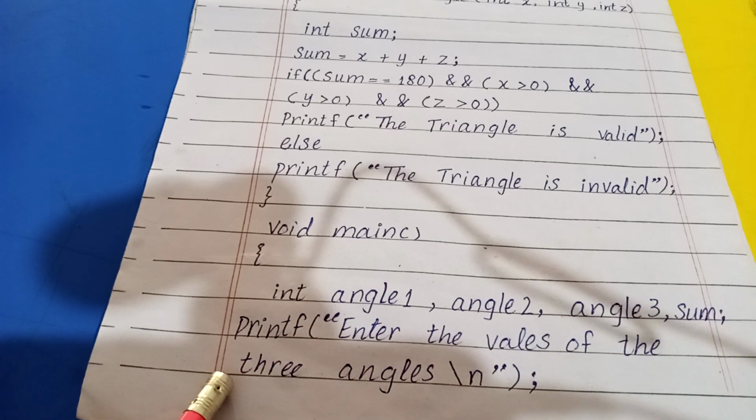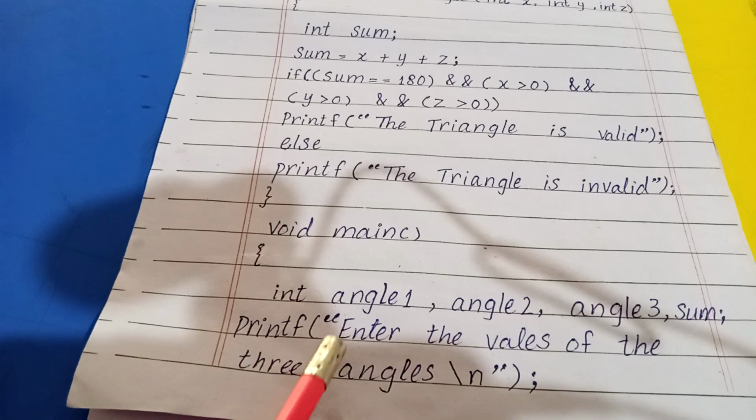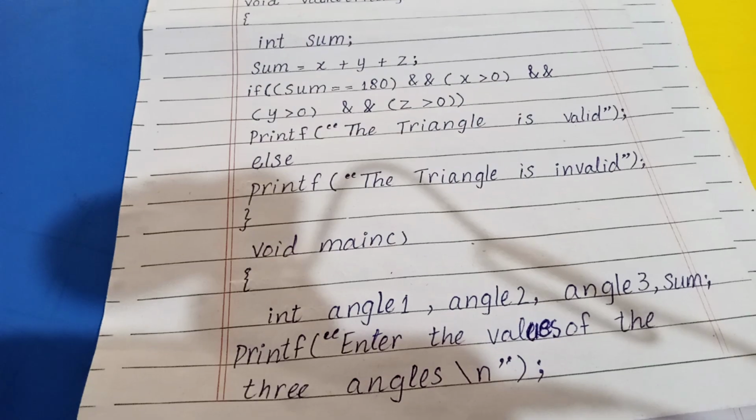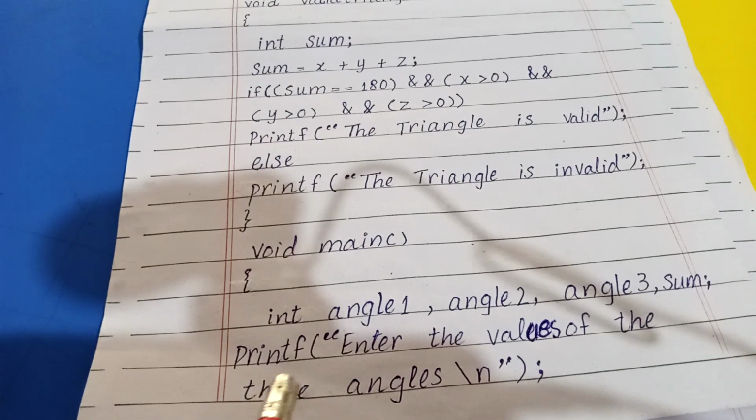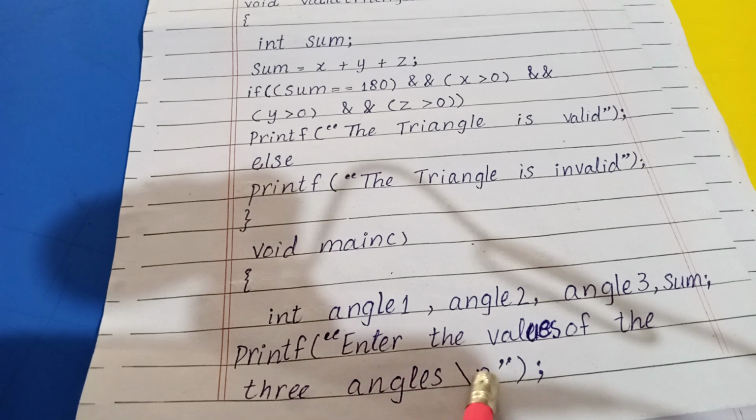Next, the printf function that will display this message: printf, opening parentheses, opening double quote, and you can see "Enter the values", and the spelling of values is V-A-L-U-E-S, values of the 3 angles, backslash n, and closing double quotes, close the parentheses and use the semicolon.